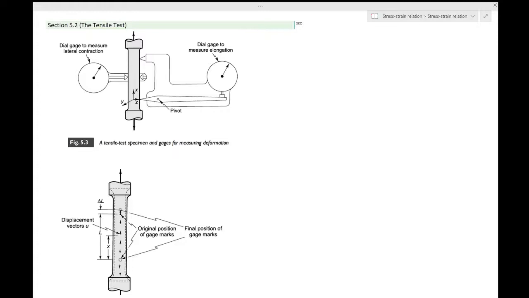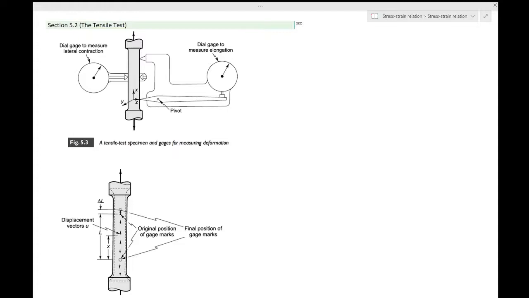When they say that you want to predict behavior in a general situation, it is like if you apply so much load, what should be the stresses which develop? If the stresses have developed so much, is it enough to permanently deform it, does it elastically deform it, will it fracture, and so on. So this is what we mean by the behavior which we would want to predict using this theory.